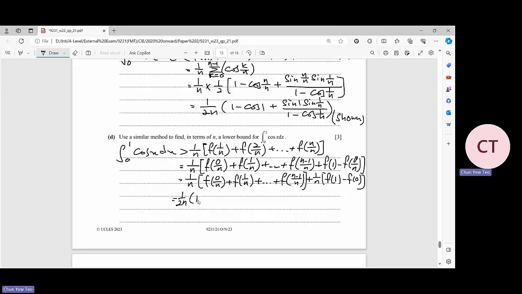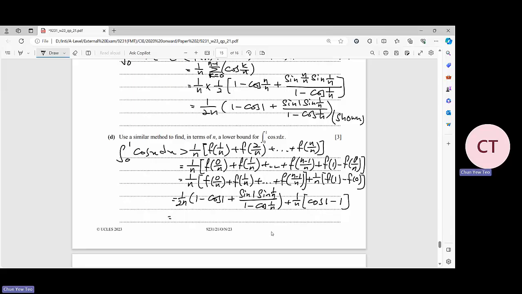So this result will be 1 minus cos 1 plus sine 1 over n divided by 1 minus cos 1 over n. Then plus the 1 over n of what is f1? f1 is actually cos 1. Then what is f0? f0 is cos 0, and cos 0 is 1.